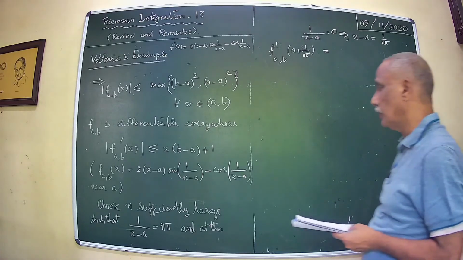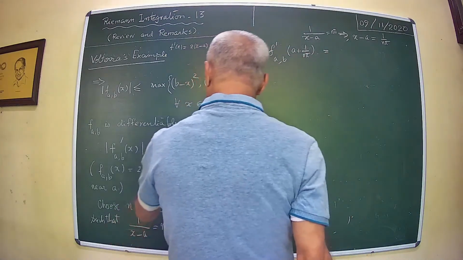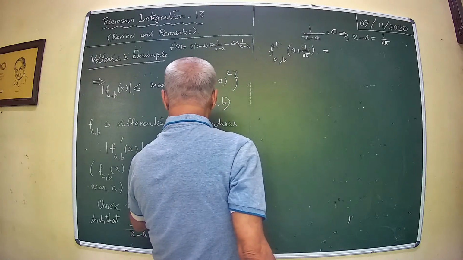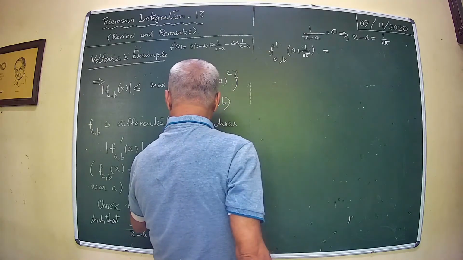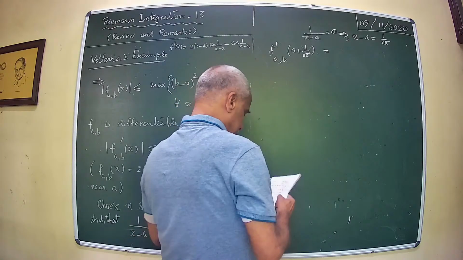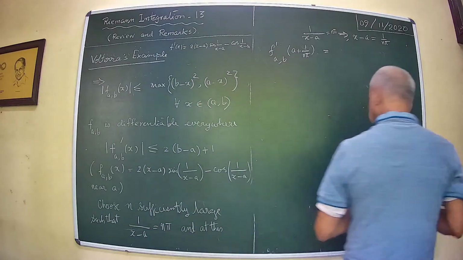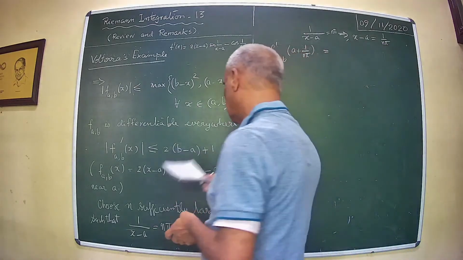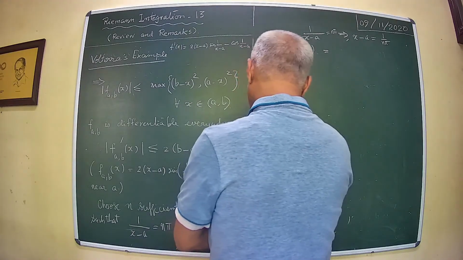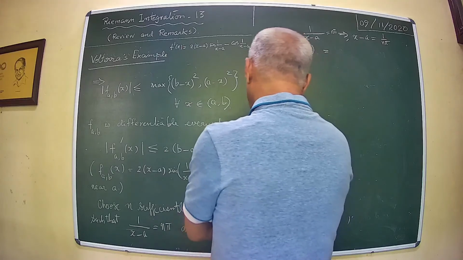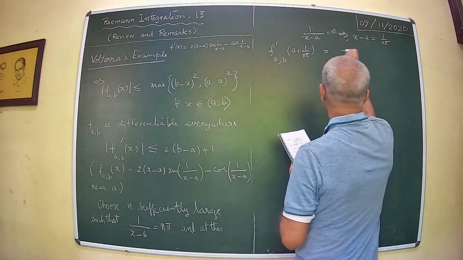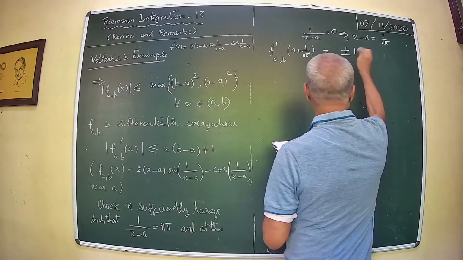If you work out what happens here, you see that this term is 0 because of this factor. You get sine n pi, so it is 0. It is this term that comes out, and this term is bounded, in fact it is going to be either plus 1 or minus 1. Therefore this is equal to plus 1. So we do not know, it depends on n.